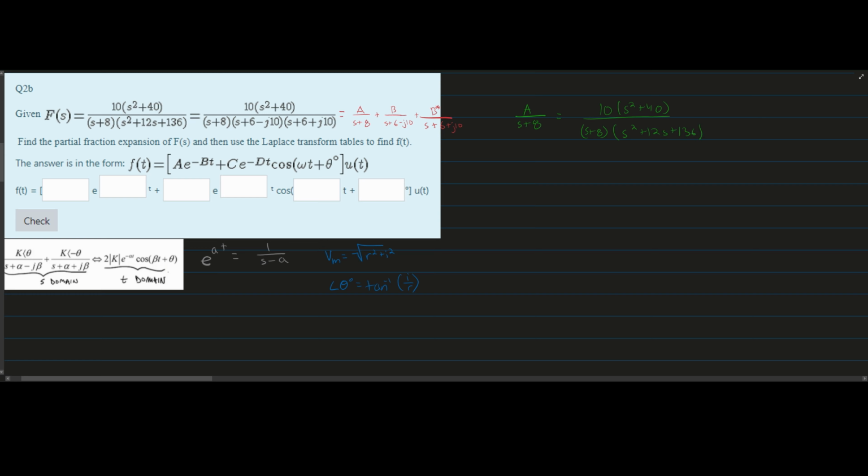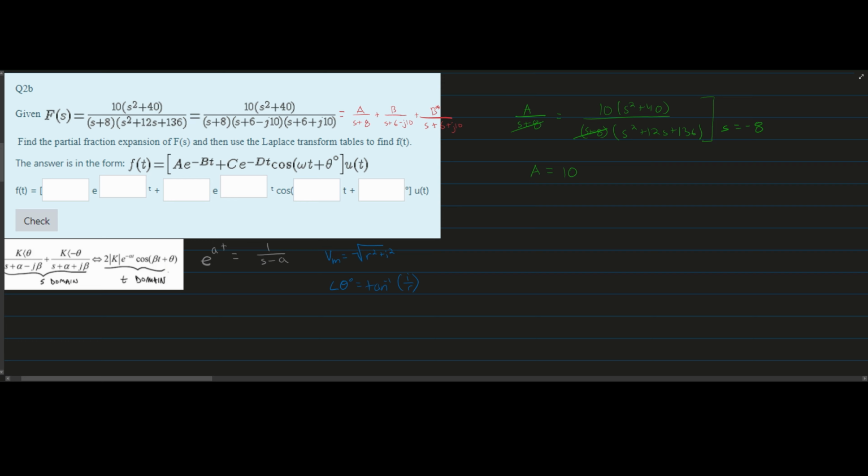Now we can take this s plus 8 from both sides and factor it out. Then we plug in our s, and s is going to be whatever would have made this 0. So s in this case is equal to -8.